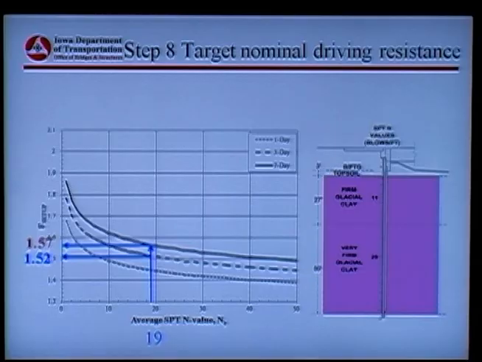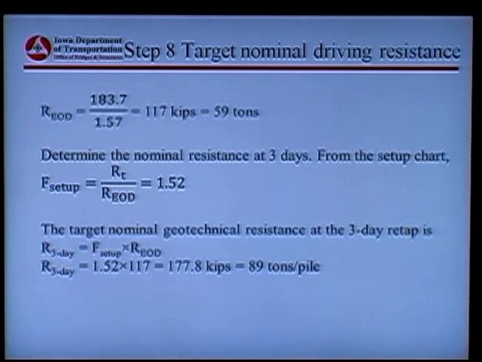All right? So we take the capacity required at 7 days divided by these factors. That gives us the required capacity at the end of driving. We require it at 7 days, but we back calculate to the end of driving capacity. Okay? So what is actually required to verify the performance at the end of driving is this, 59 tons. So the remaining capacity will be accounted for by the setup up to 7 days.